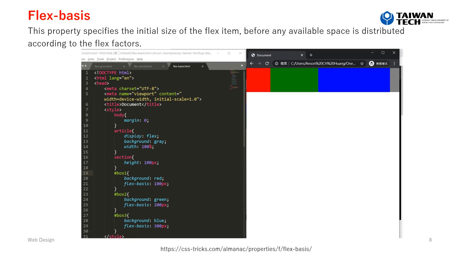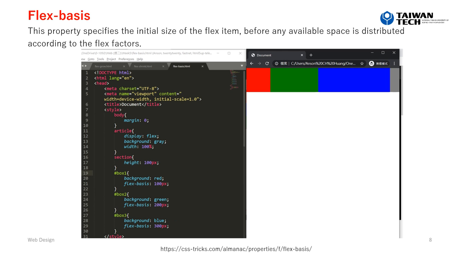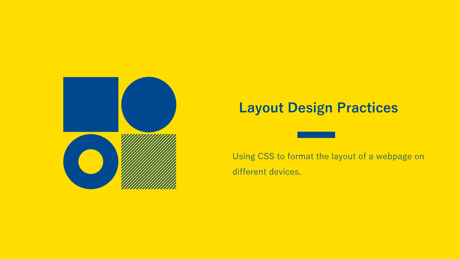And now you already know the difference between flex grow, flex shrink, and flex basis. Now we want to turn to our second part, layout design practice. Here, I want to teach you how to use CSS to format the layout of a web page on different devices.